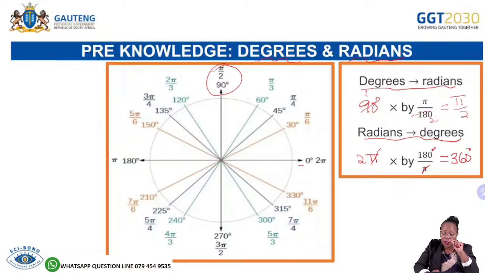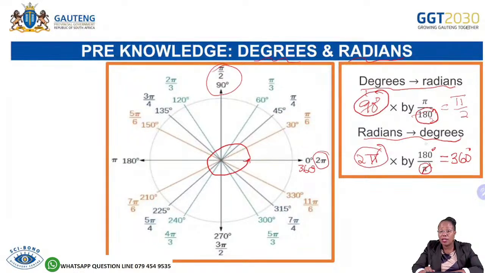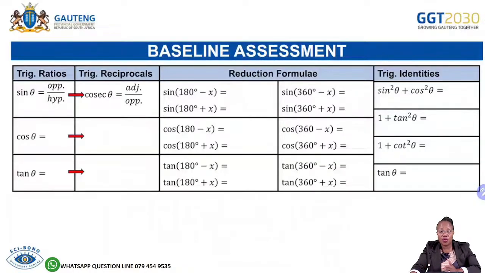Exactly the same, because here we are having 360 degrees when you revolve up to that point, which is equal to 2 pi radians. That is how you change degrees to radians and radians to degrees. A tip is that if you are having a degree, ensure the degree is a denominator. If you are having a radian, ensure the radian is a denominator there. Those are the key ideas that we use in order to be able to remember that.